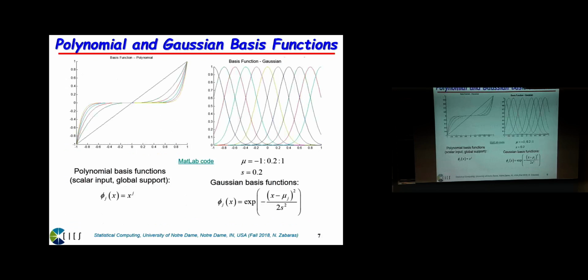All right, so here are some examples. If we use the monomials that we had before, we will get exactly the formalism we had before. You can use Gaussian basis functions, square exponentials basically centered around mu's with some variance s squared. So they look like this, right? They are of local support.